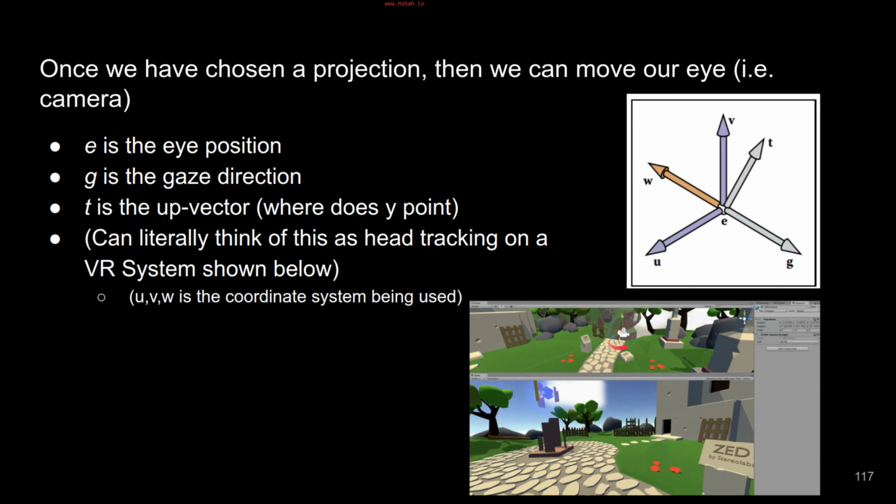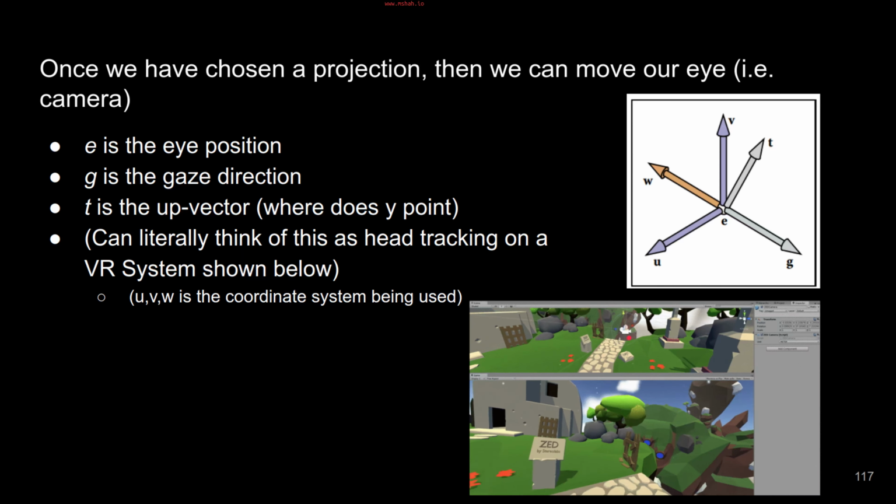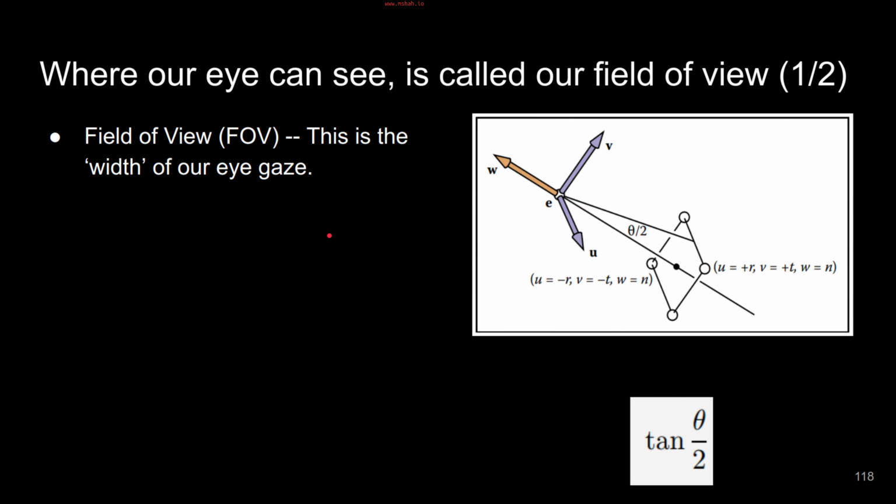And you can see the camera moving here on the upper screen. Then how wide we can see is our field of view. That's the width of our eye gaze, how wide that chopped pyramid, the view frustum, is. And this angle is theta divided by 2.